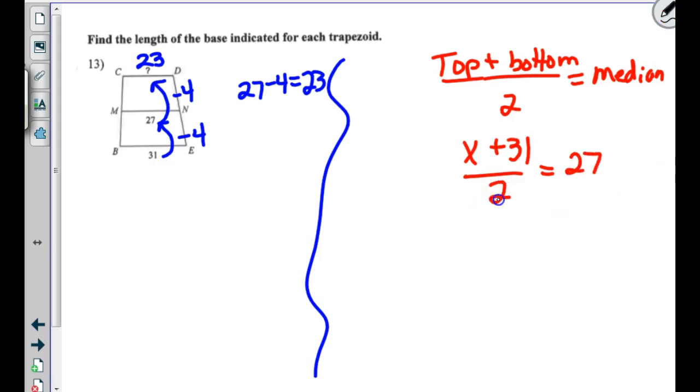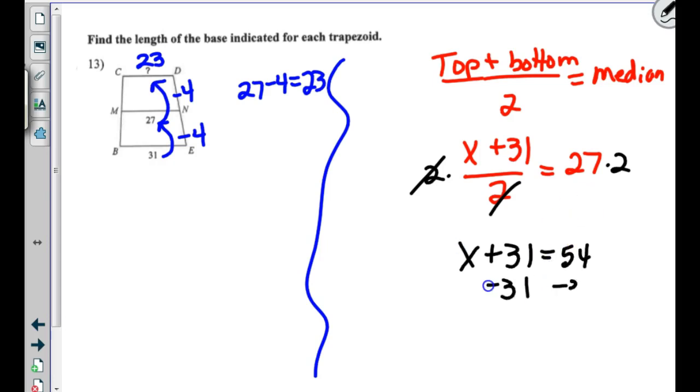To get rid of this 2 down here, you'd multiply. Over here, they'd divide out. You'd get 27 times 2 is 54. Minus 31 is 23. I think mine is much faster, okay? Figure out what they did. They subtracted 4, so you subtract 4 again.